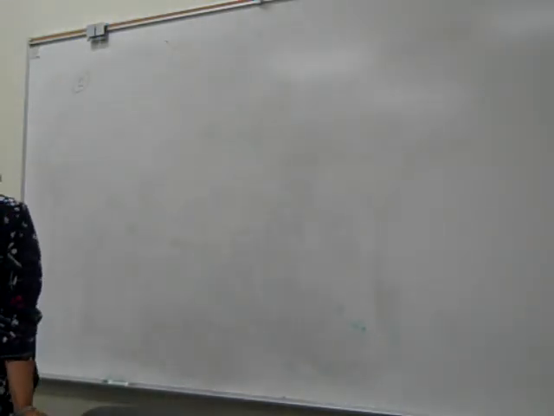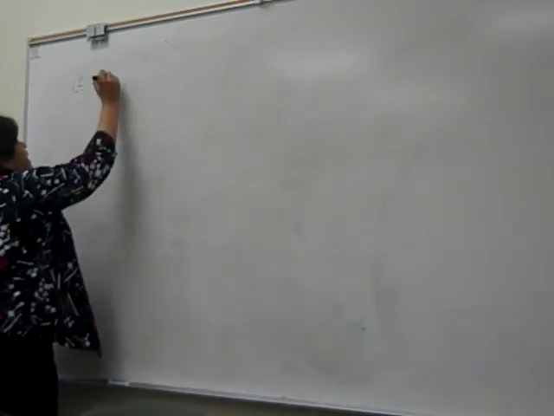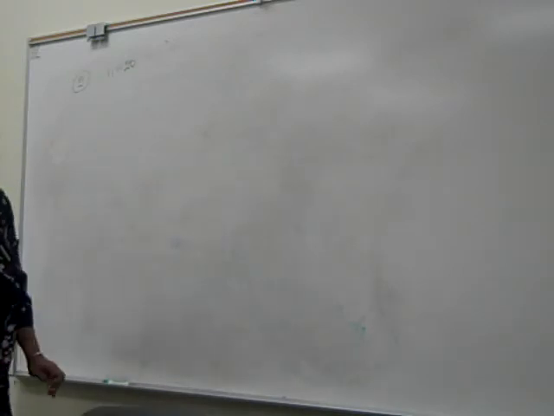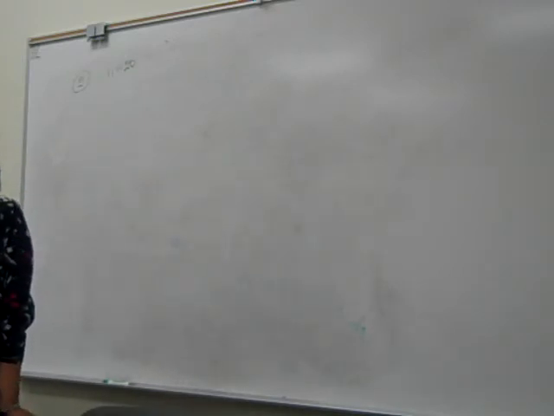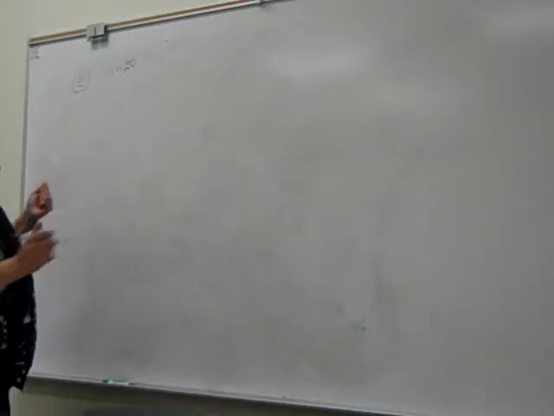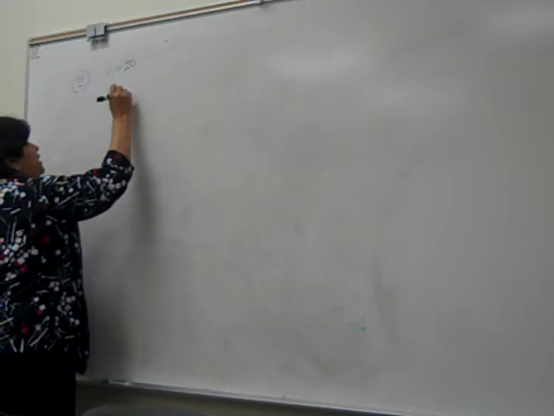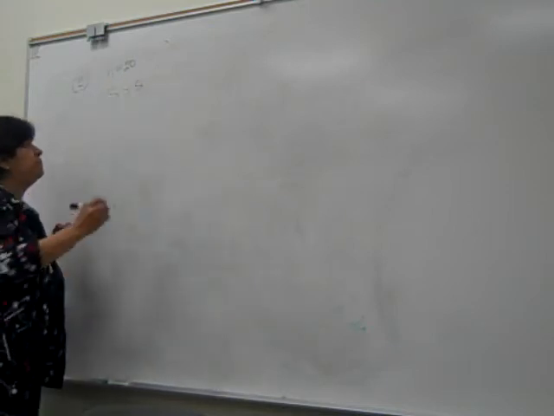Okay, problem number 2 said a sample of 20 items, so n is equal to 20, provides a sample standard deviation. Guys, be very careful because this is the standard deviation. S is equal to 5. Okay?